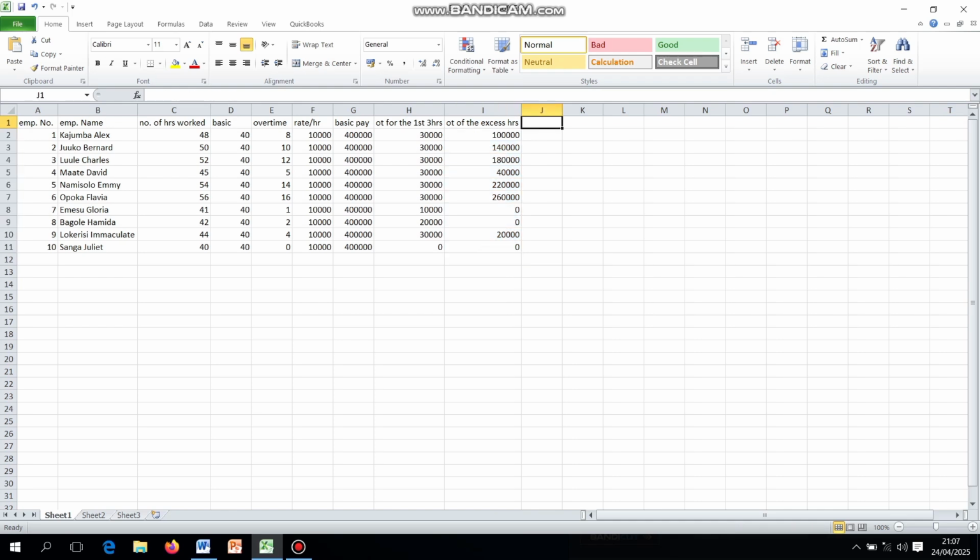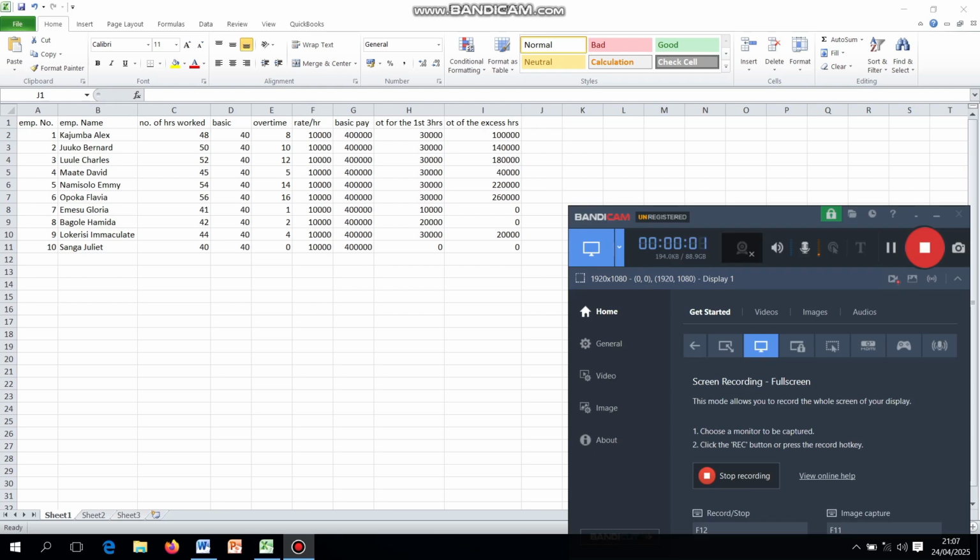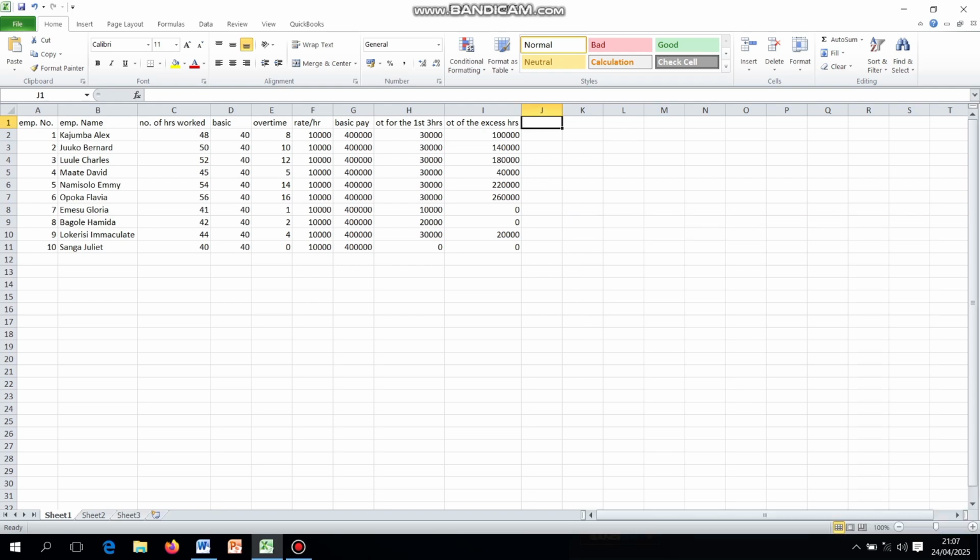Then I'll come to the next item that I need to look for, and that will be the total overtime. So the next thing I'm going to look for will be the total overtime, which I will call the overtime allowance.